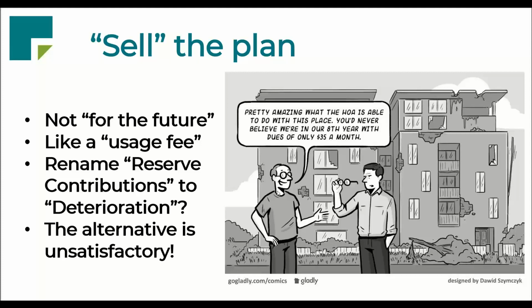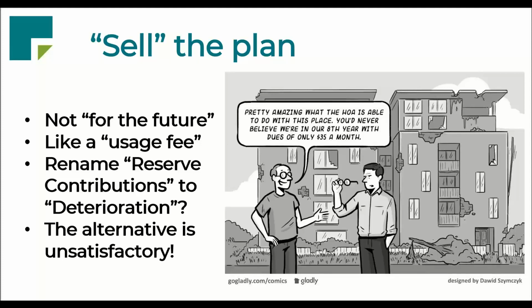And as you are pitching your budget to the owners, we have a lot of board members here today. As you're figuring out what we are actually going to say, you may need to understand that it's not just what are we going to say to encourage people to agree to the concept of funding more towards reserves, but you may need to paint the picture of, well, if we don't, this bad thing is going to happen.